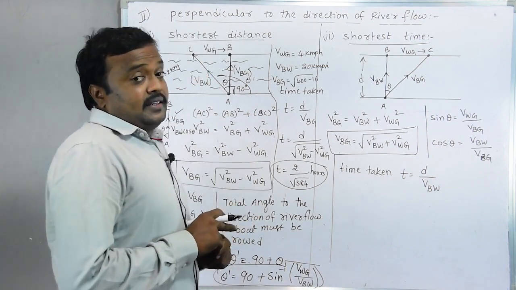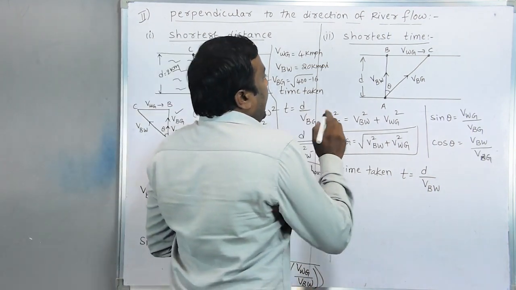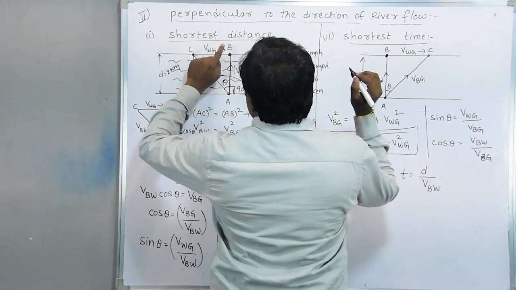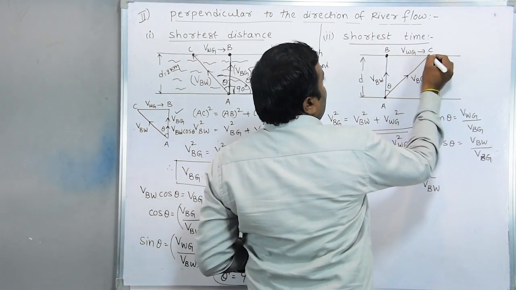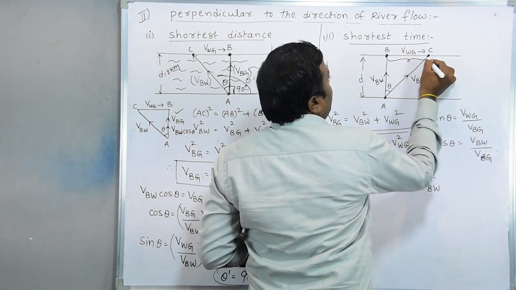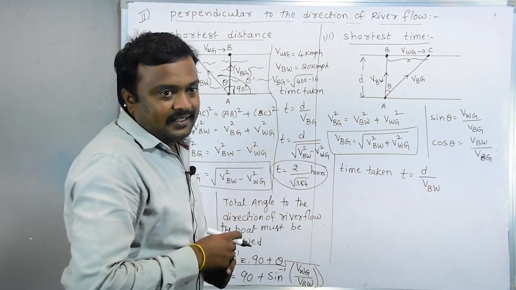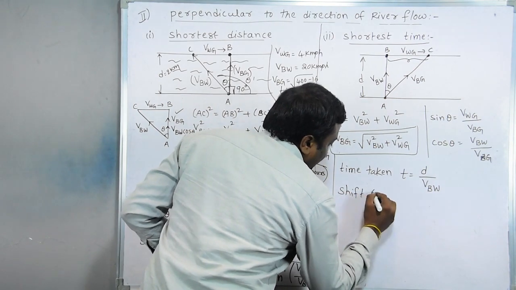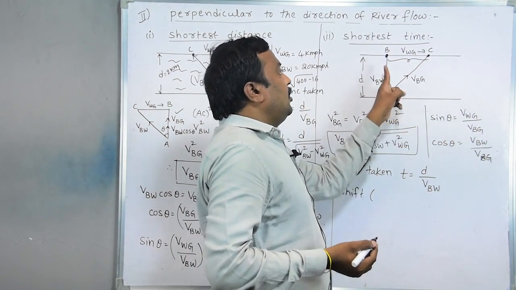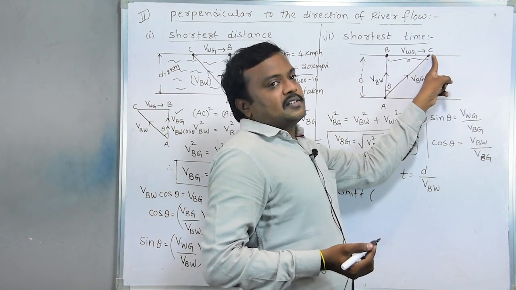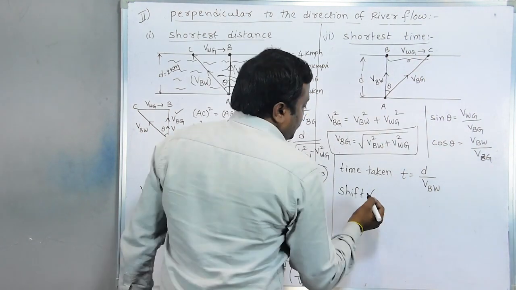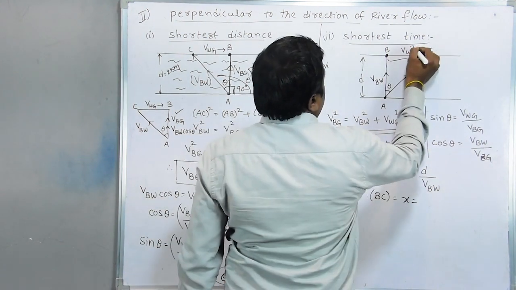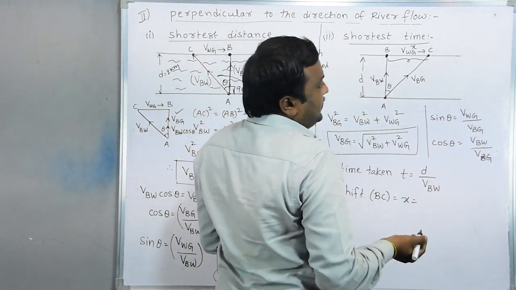And one more point here we should observe. Actually the boat must reach this point in shortest distance, but here it reached another point, which is called BC. That BC is nothing but a shift from the original location, how much extra distance it travelled. Shift, BC, you consider it as x equal to velocity into time.